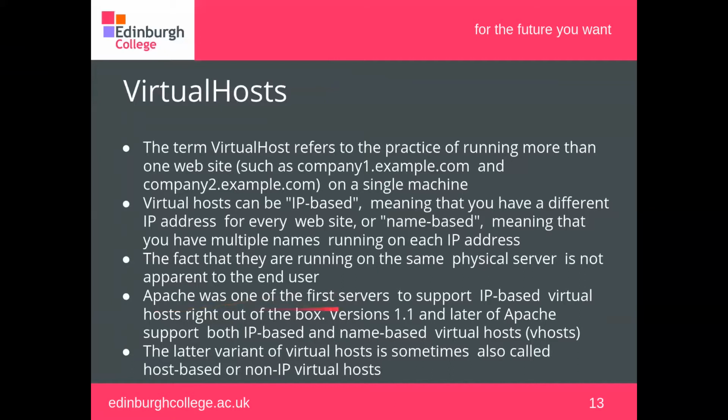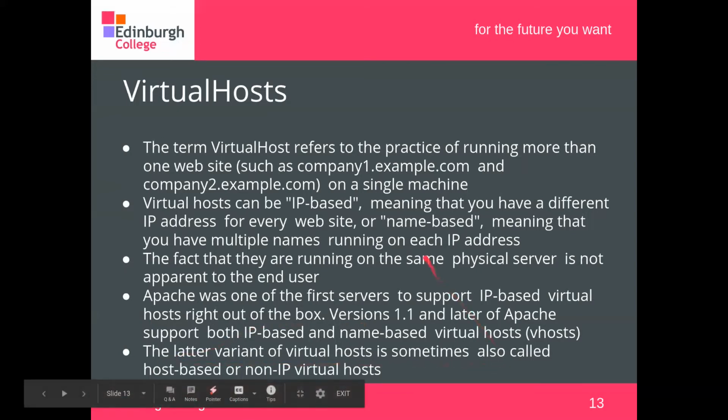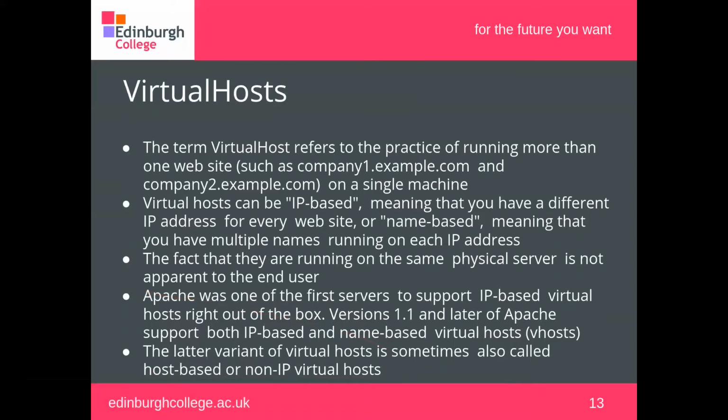Apache was one of the first servers to support IP-based virtual hosts right out of the box. And the latter variant of virtual hosts is name-based virtual hosts, sometimes called host-based or non-IP-based virtual hosts. So how do we host more than one website on the Apache server?